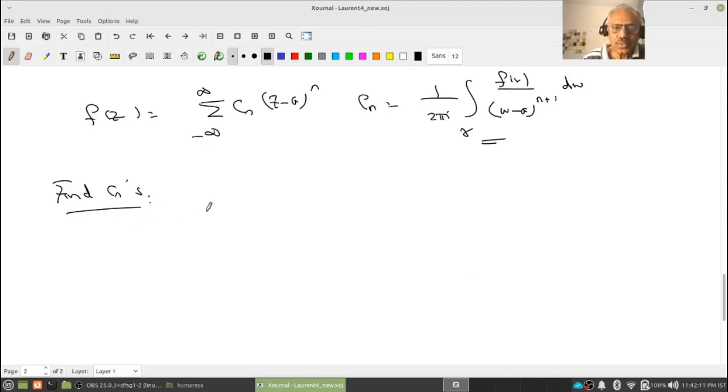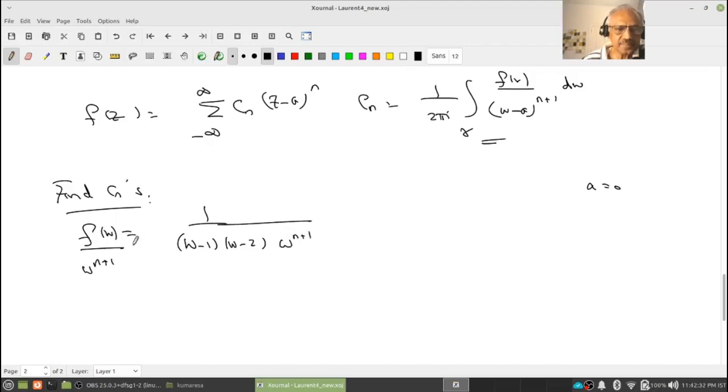So what is it that we want? Let us look at the function f of w. So f of w is 1 by (w minus 1)(w minus 2), and then by w power n plus 1 because my a is 0 here, into w power n plus 1. Now what is the natural thing again?